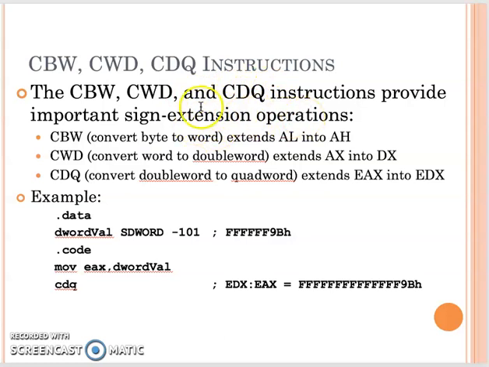CBW converts byte to word, extending the sign bit of AL into AH. CWD converts word to double word, extending the sign bit into DX. The same goes for CDQ, which extends the sign bit from EAX into EDX.